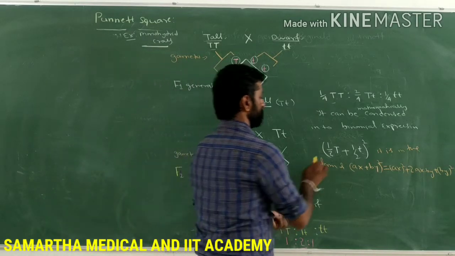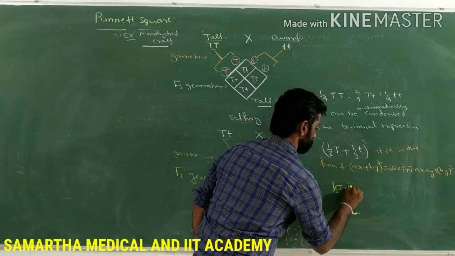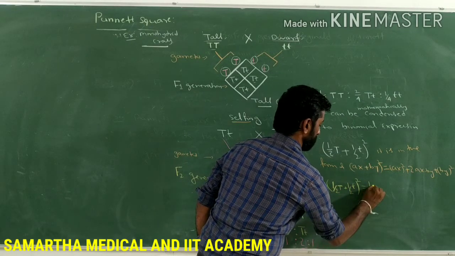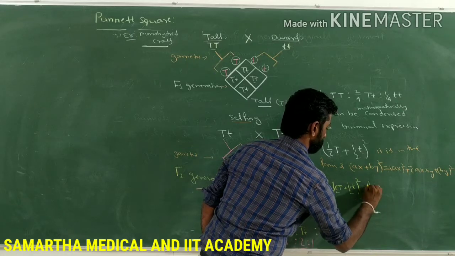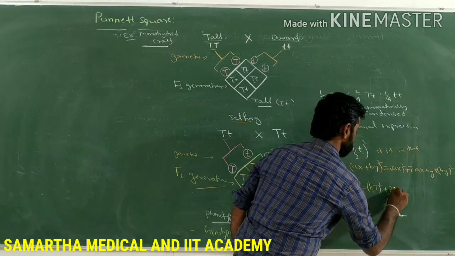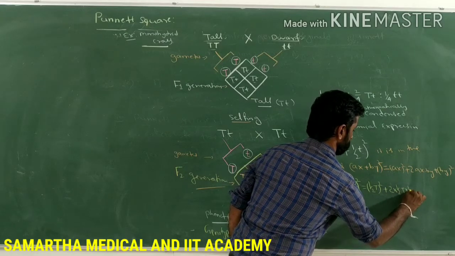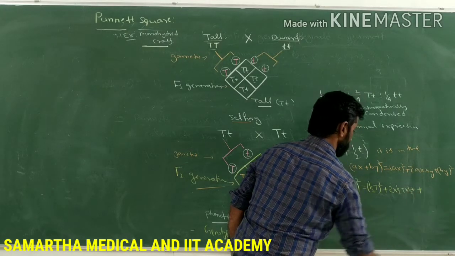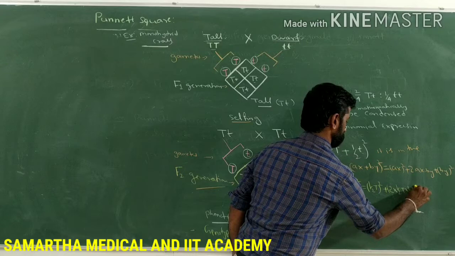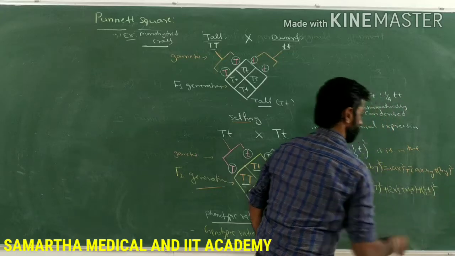Similarly, if we expand 1 by 2 capital T plus 1 by 2 small t whole square, you will get 1 by 2 capital T whole square plus 2 into 1 by 2 capital T into 1 by 2 small t plus 1 by 2 small t whole square.